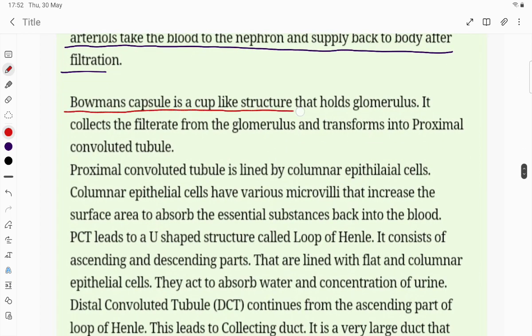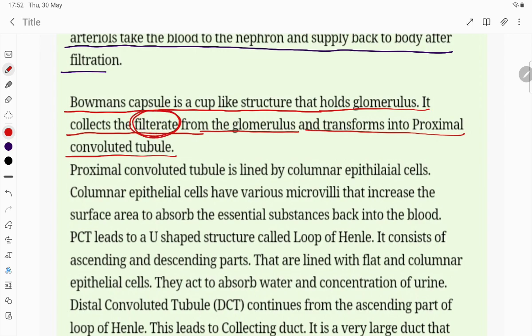Bowman's capsule is a cup-like structure that holds the glomerulus. It collects the filtrate from the glomerulus and transfers it to the proximal convoluted tubule. So what it is doing actually is collecting the filtrate, students.